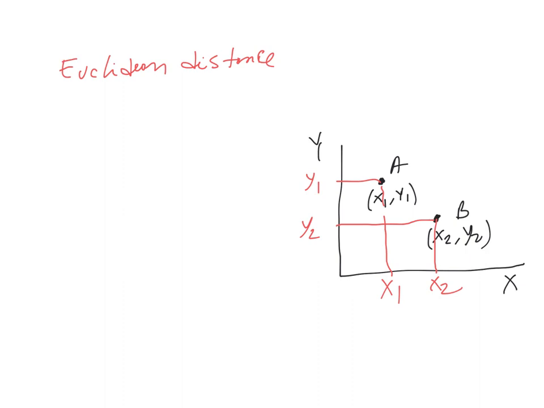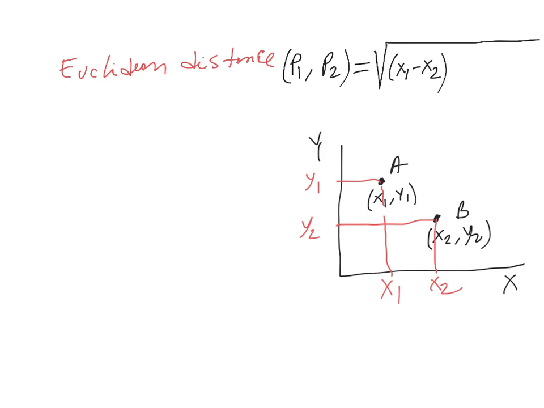Now in Euclidean distance, when you measure the distance, the formula for point P1 and P2, in our case point A and point B, is the square root of the difference between x1 and x2 squared, plus y1 minus y2 squared.